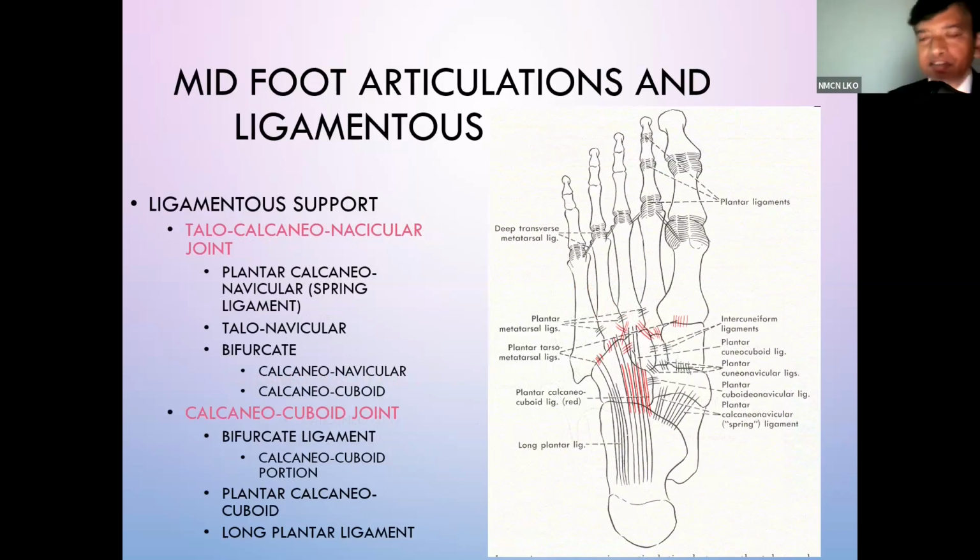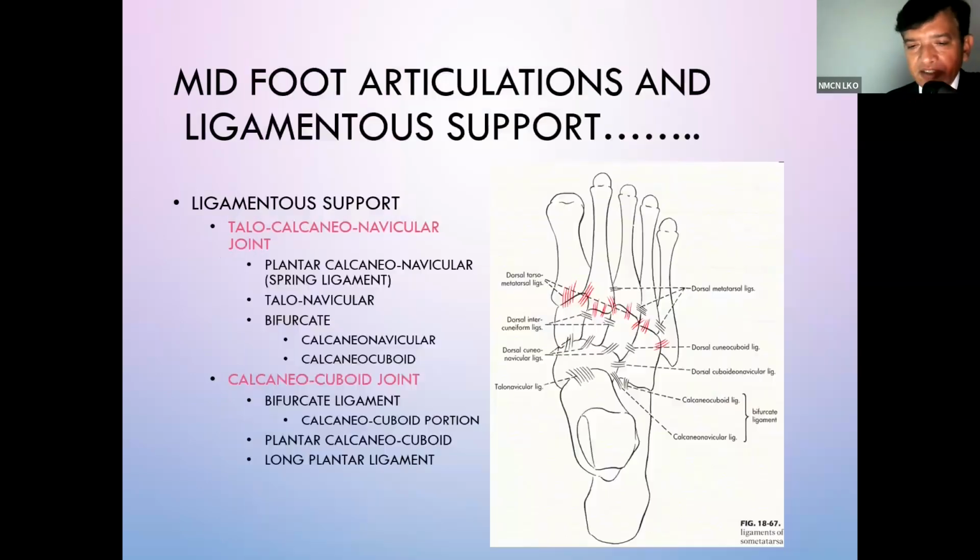This is the long ligament, and then talonavicular, from talus to the navicular, and then there is a bifurcate ligament. In the bifurcate, there are 2 parts, calcaneonavicular and calcaneocuboid. So these are the ligaments which support the midfoot.